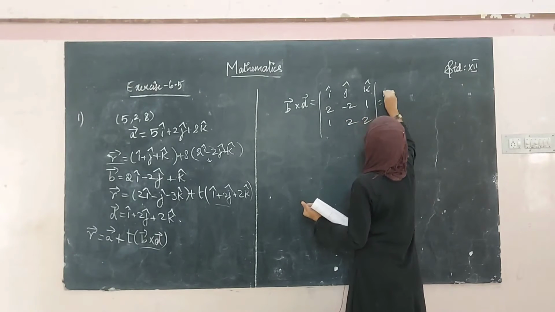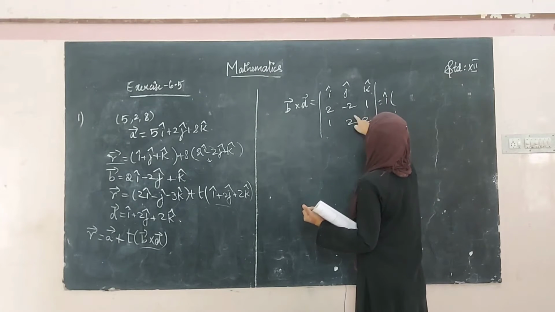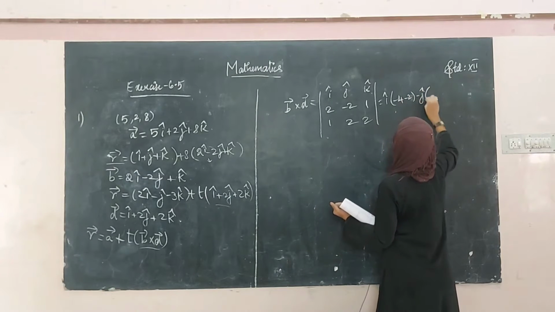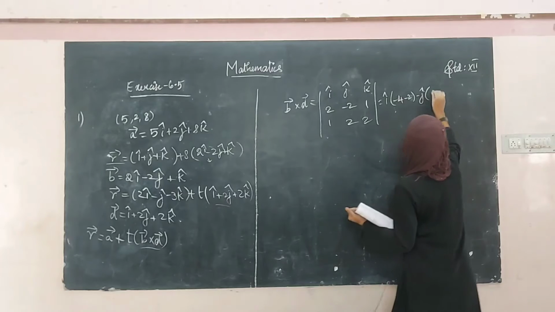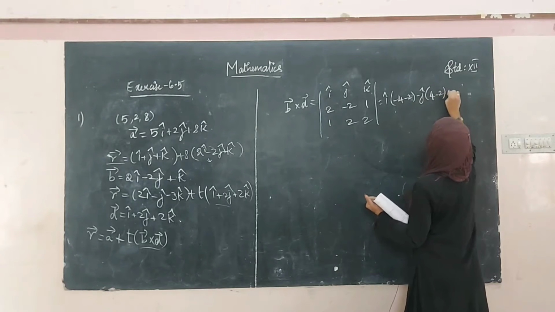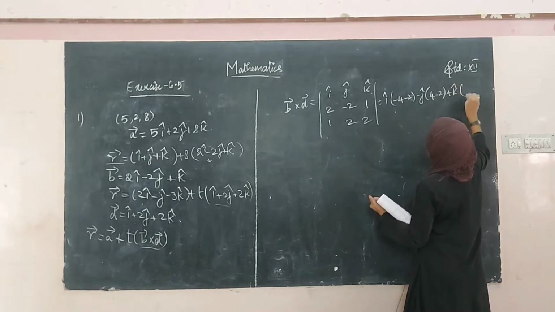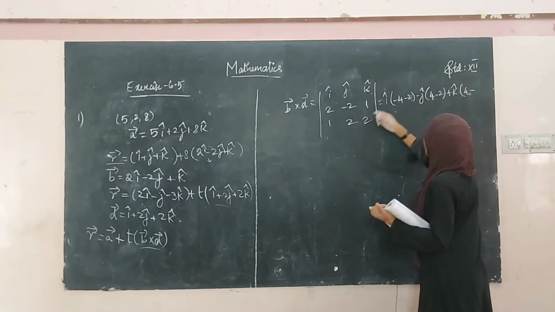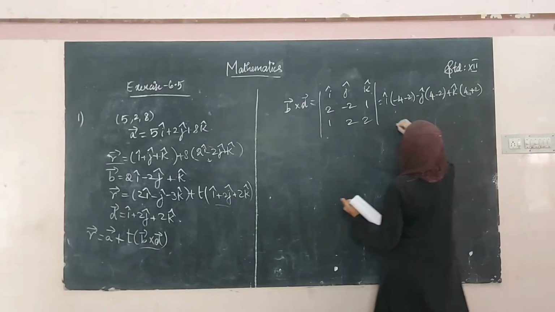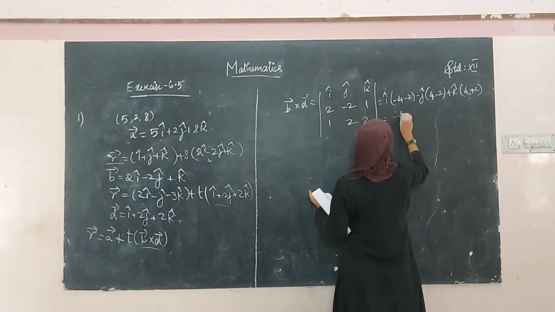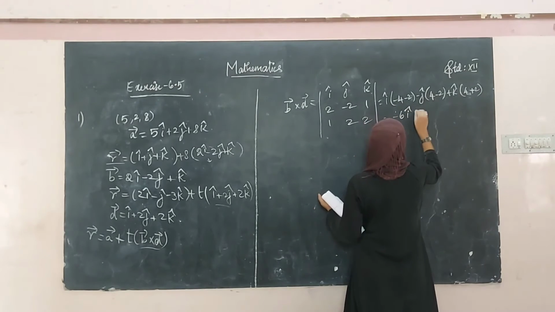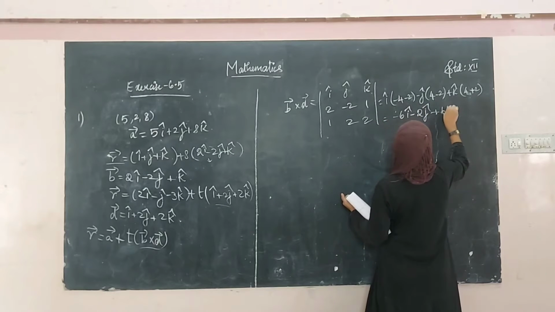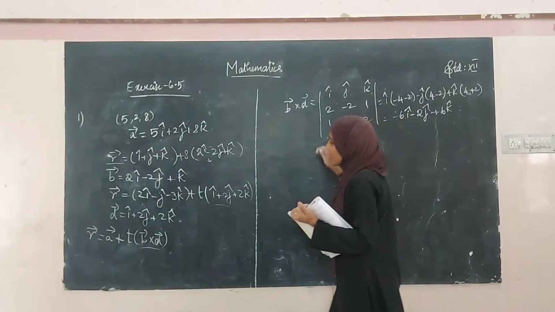Find it out. i cap into (minus 4 minus 2) minus j cap into (4 minus 1) plus k cap into (4 minus of minus 2), it becomes plus 2. Right, so what's the answer? Minus 6 i cap, minus 3 j cap and plus 6 k cap. So, this is b vector cross d vector.